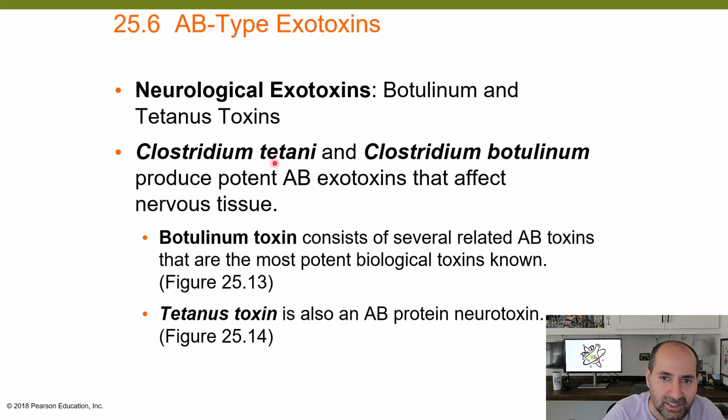Clostridium tetani and Clostridium botulinum produce potent AB toxins that affect nervous tissue. Botulinum toxin consists of several related AB toxins that are the most potent biological toxins known, while tetanus toxin is also an AB protein neurotoxin.